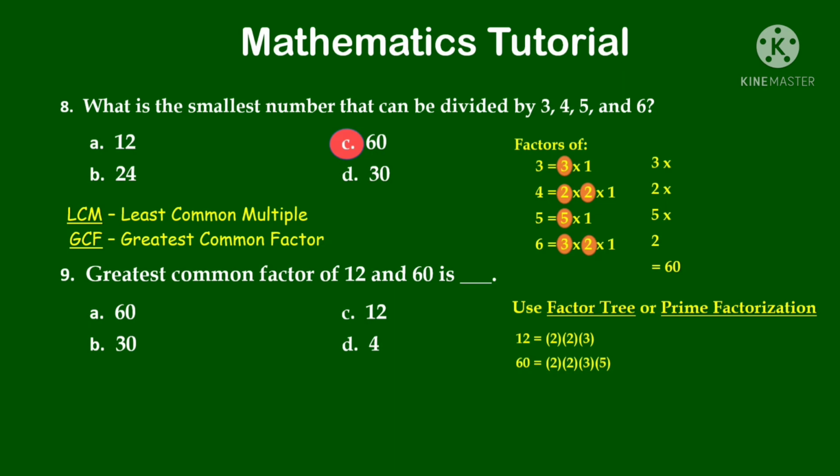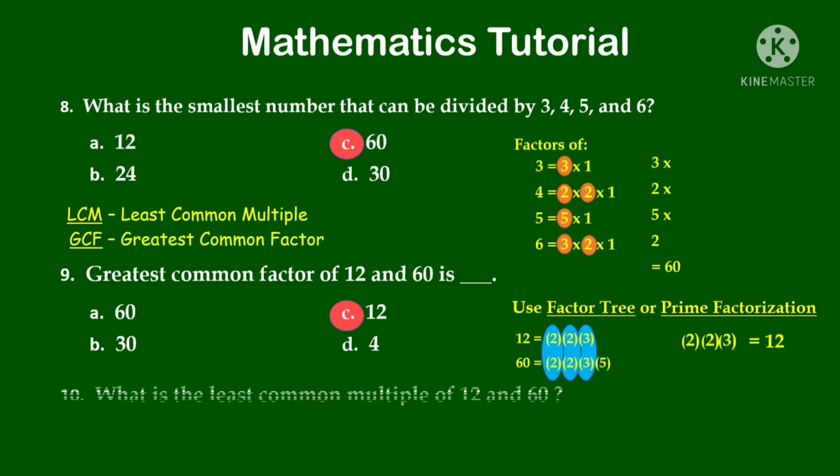All you have to do is get the numbers that are identical. So we have 2, another 2, and then another number 3. So only identical numbers pag greatest common factor ang kukunin. So we need to multiply those numbers. 2 times 2 times 3 becomes 12. So final answer for that is letter C.